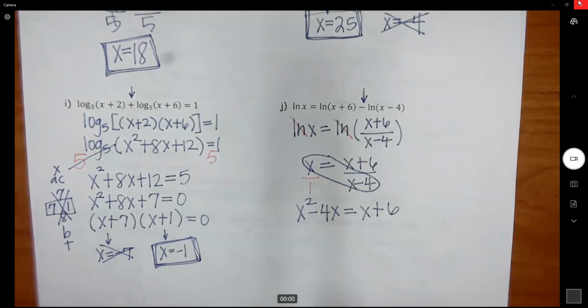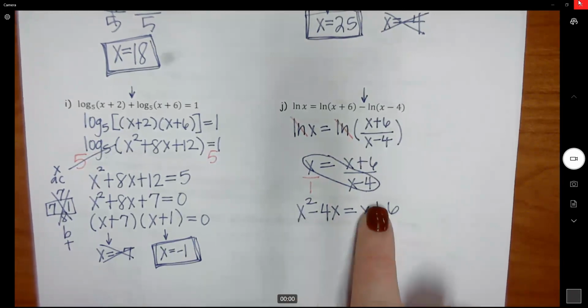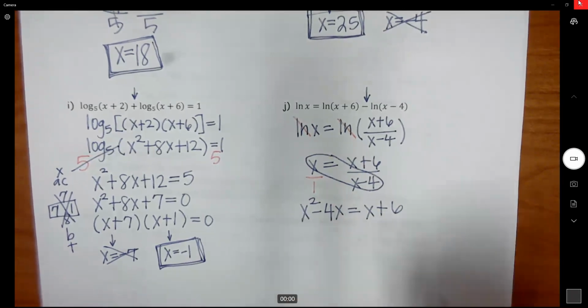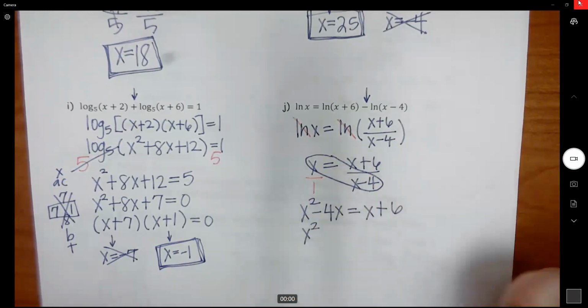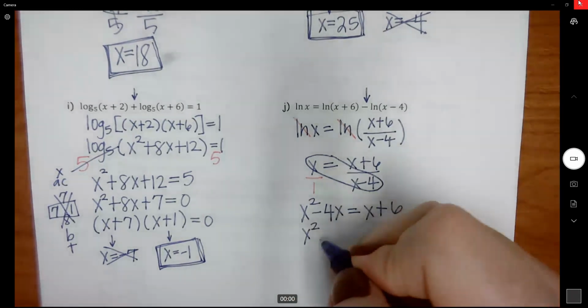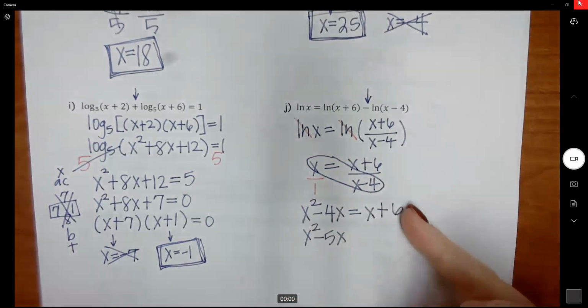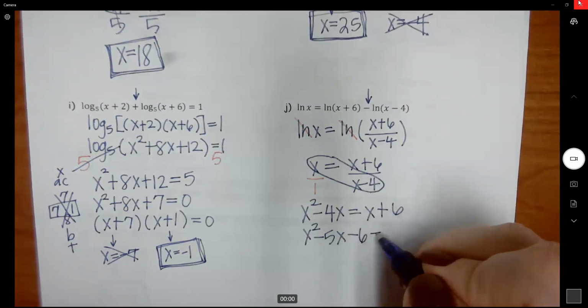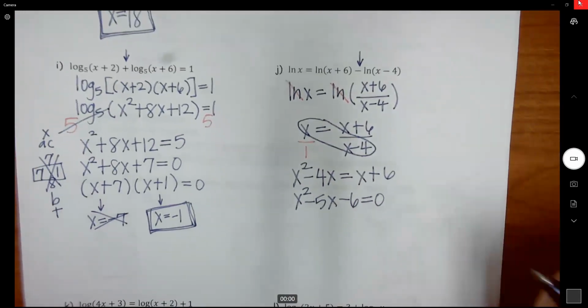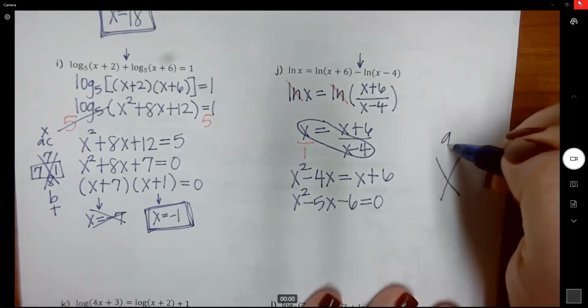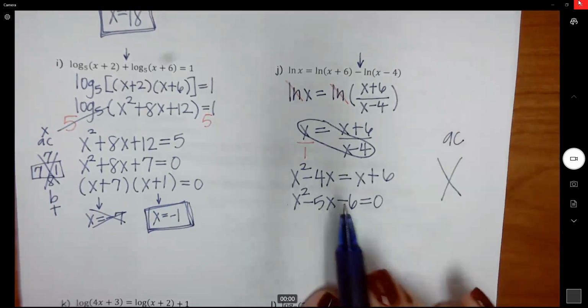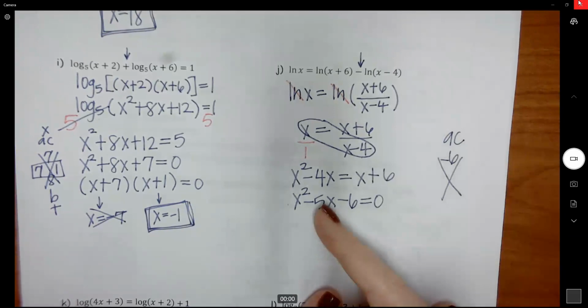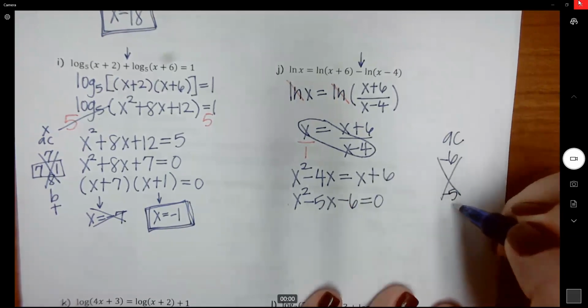So we have a quadratic again because you have an x squared. So let's get everything to the same side. So subtract your x to get -5x and subtract your 6 to get a -6. Let's factor. A times c is -6 and my b is -5.